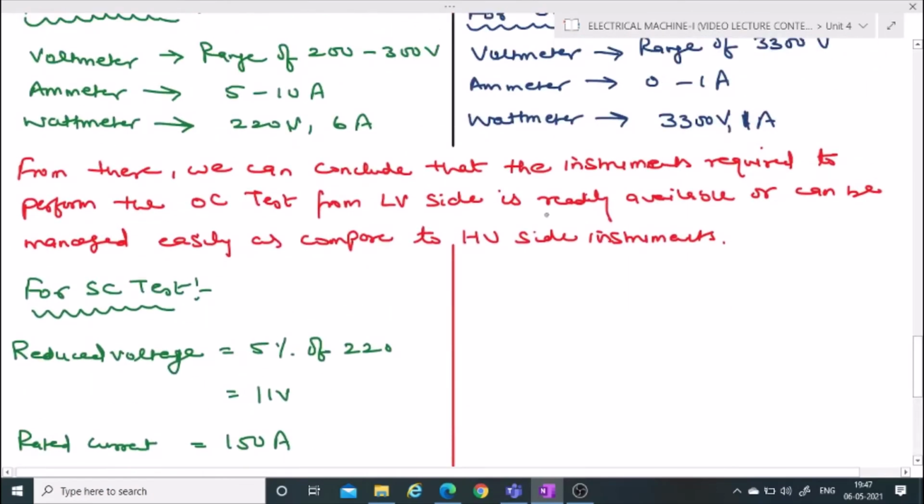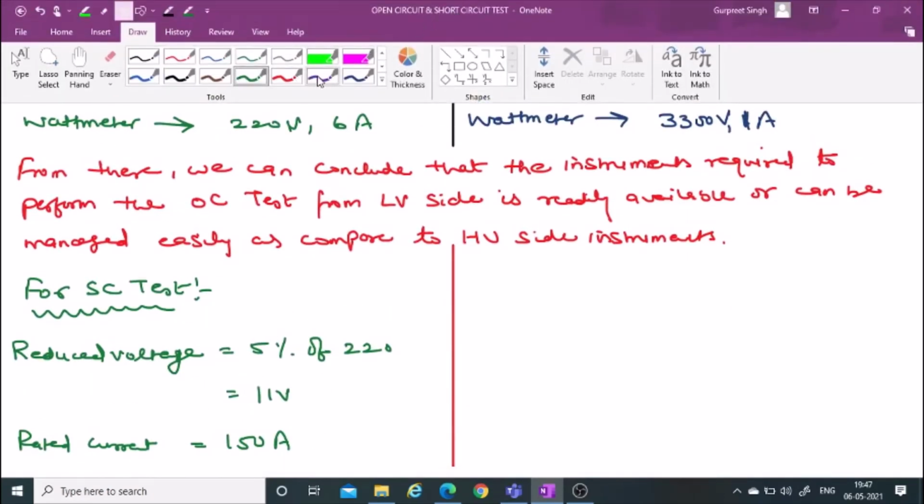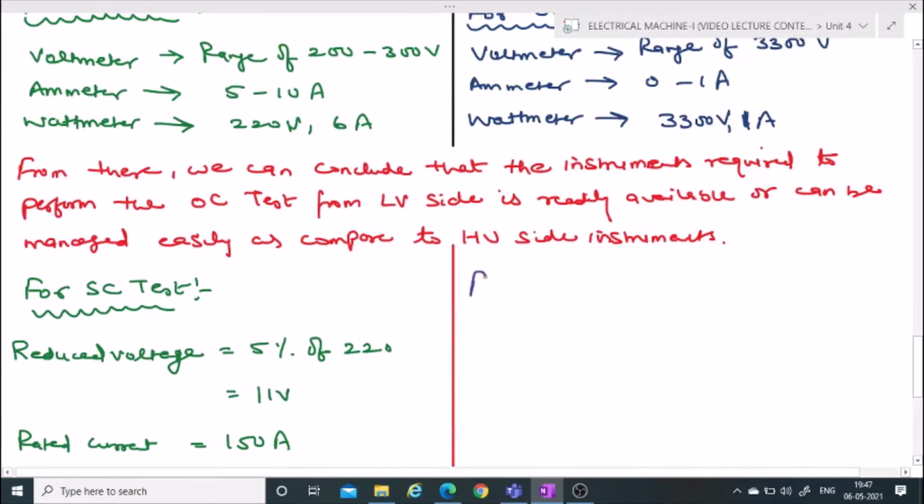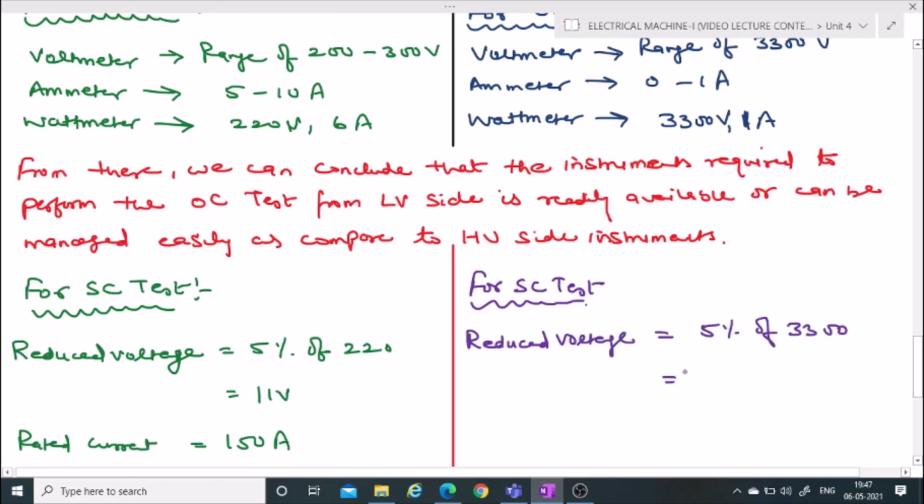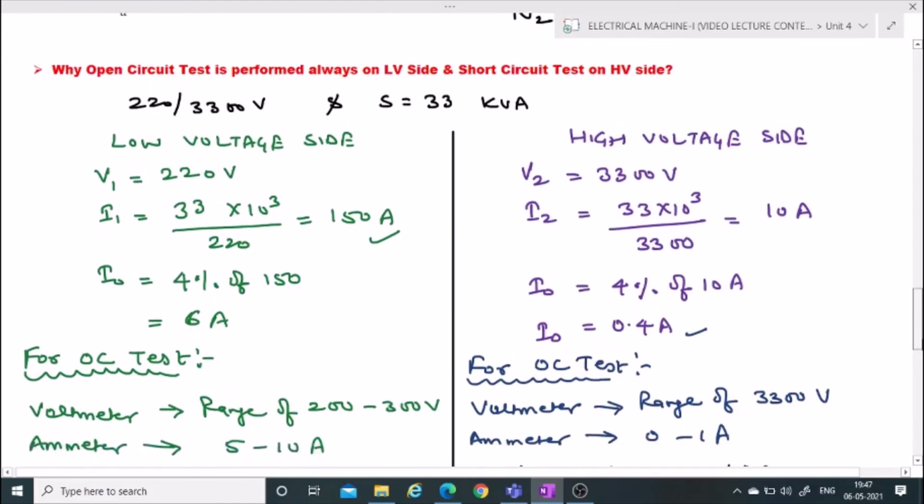Similarly, for the high voltage side, for the SC test, the reduced voltage will be equal to 5% of 3300, that comes out to be 165 volt, and the rated current, which we have calculated here, is 10 ampere.